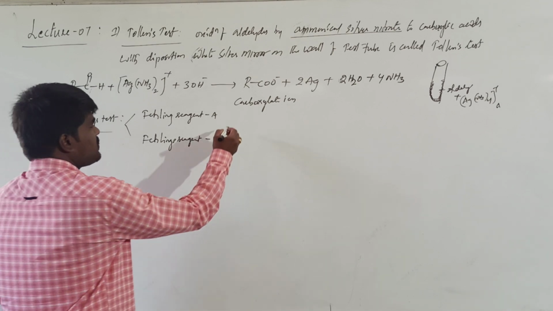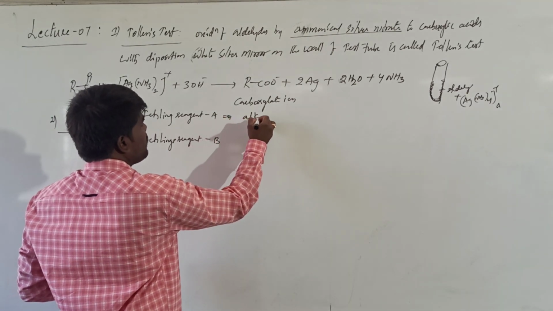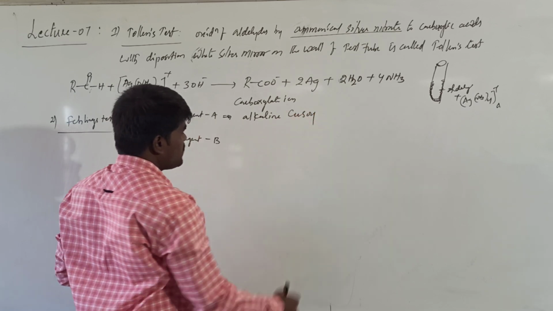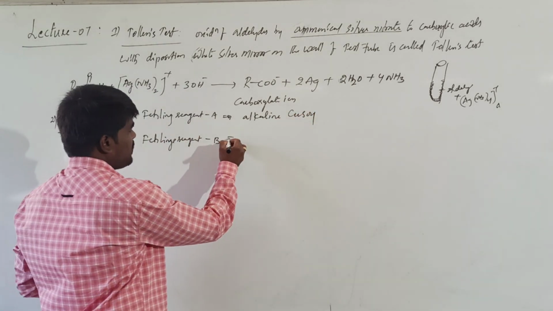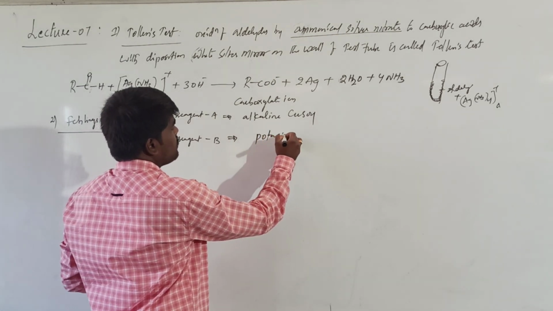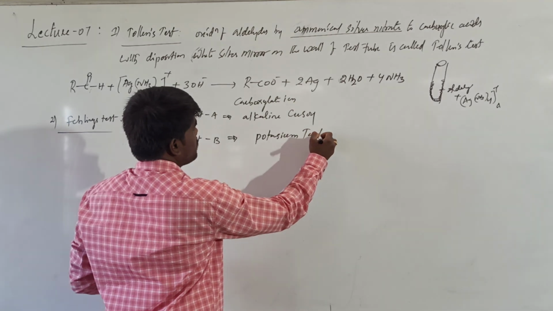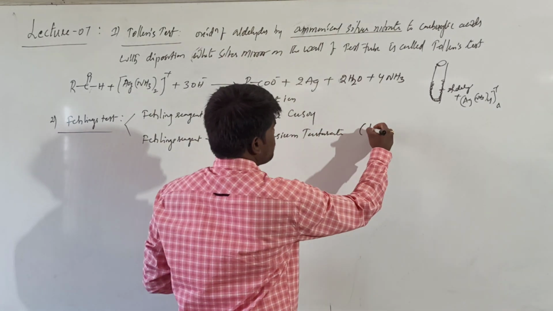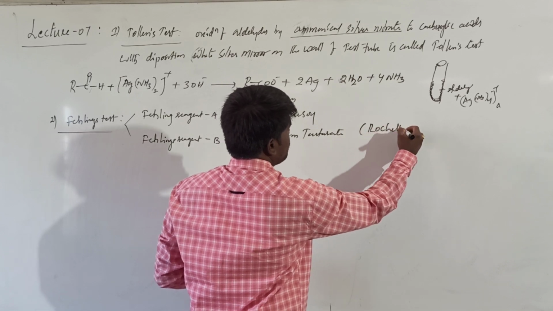Alkaline, that is basic, copper sulfate solution is called Fehling's A, and potassium tartrate is called Fehling's B. This is also called Rochelle salt.